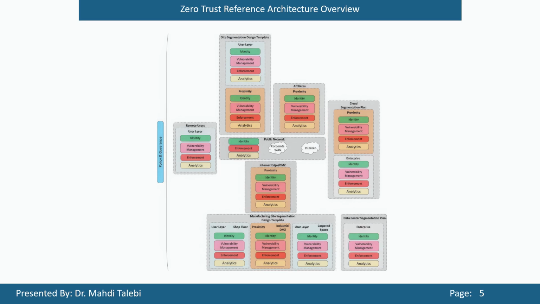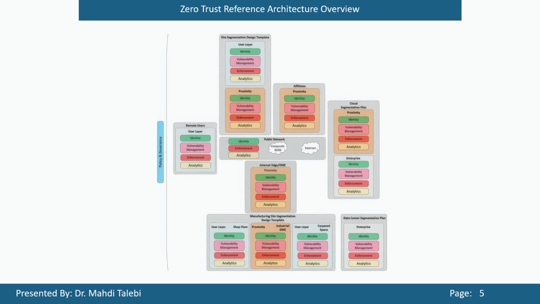This architecture encompasses various network and user segments, including remote users, affiliates, cloud environments, internet edges, DMZs, enterprise sectors, manufacturer sites, and corporate campuses. Each segment is detailed with critical security components: identity, vulnerability management, enforcement, analytics, and proximity, addressed at both the user layer and the proximity or environment-specific layer.